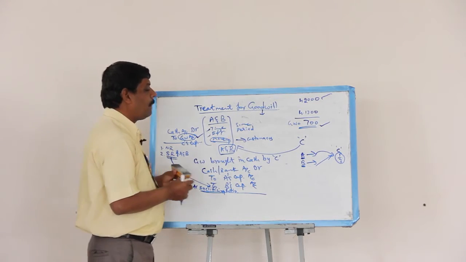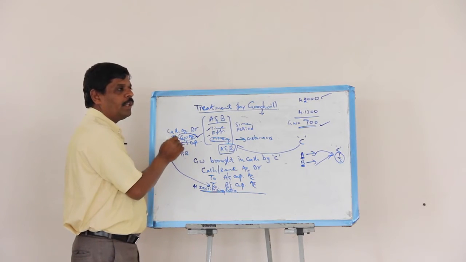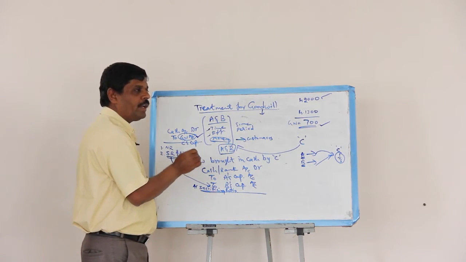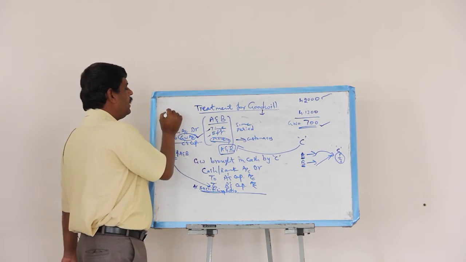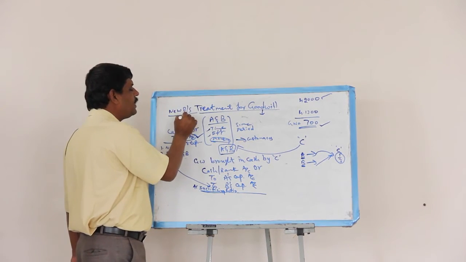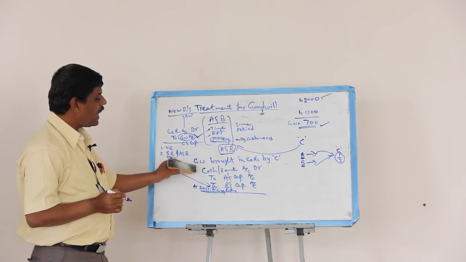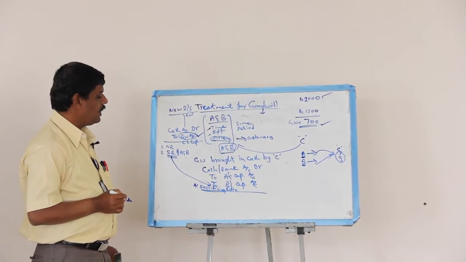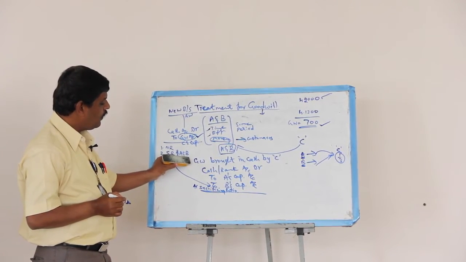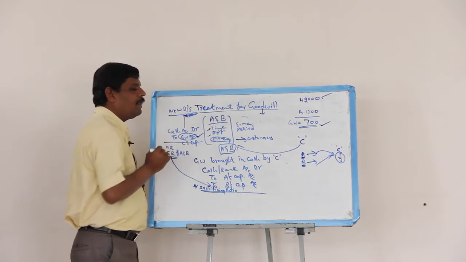Then this goodwill is not to be shown in the new balance sheet. Normally goodwill appears on the asset side of the balance sheet, but when the new partner is bringing goodwill in cash, and goodwill is distributed to A and B, that goodwill cannot appear in the balance sheet.